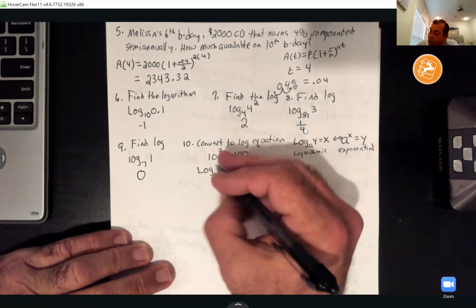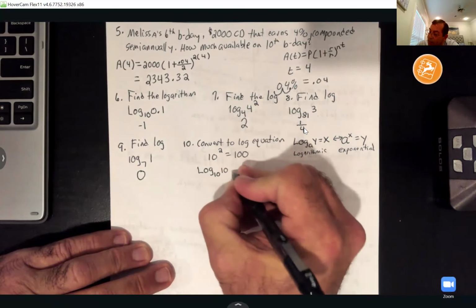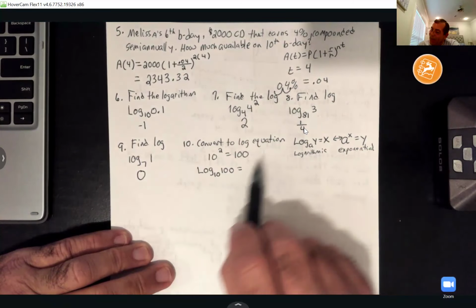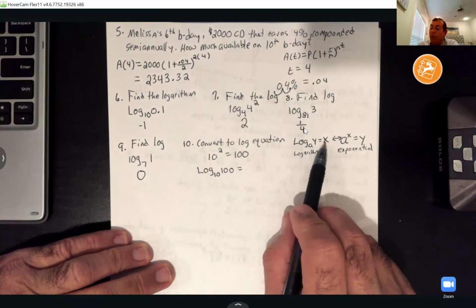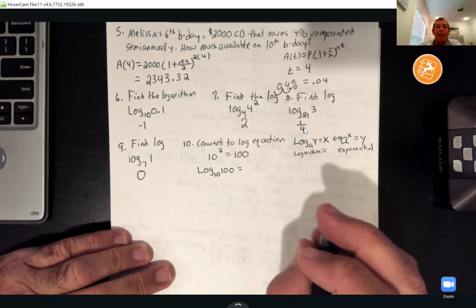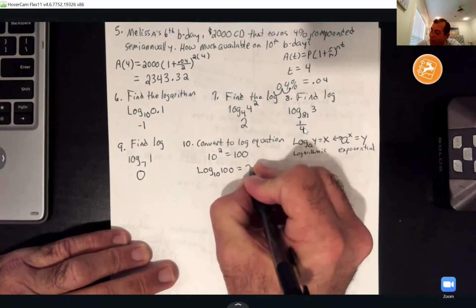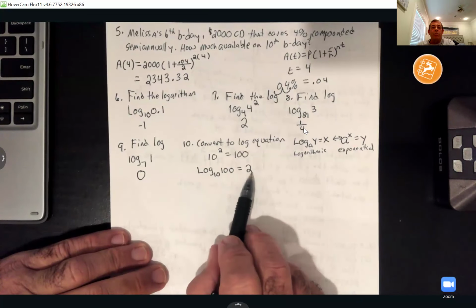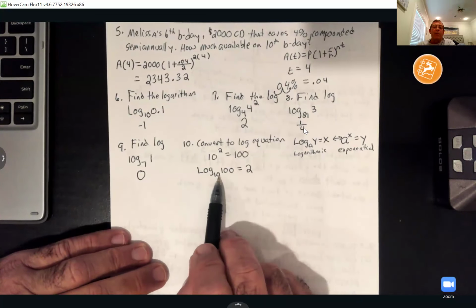So that's going to be the 100. Because remember, log base 10 of 100 equals what exponent? We all look here. The exponent's what the log equaled. So that's going to be the 2. Good job. So see, the log base 10 of 100 equals 2. So that means 10 squared equals that 100, okay?